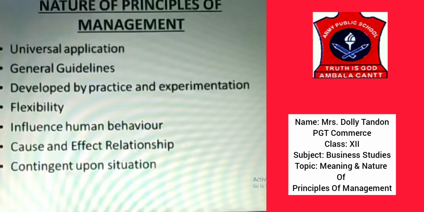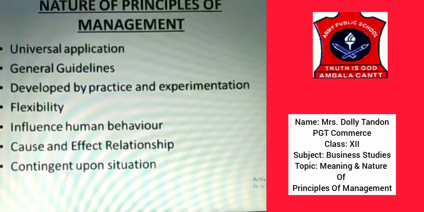The next one is flexibility. Flexibility means these principles are generally flexible in nature. Changes in these principles can be done as per the needs of the situation.